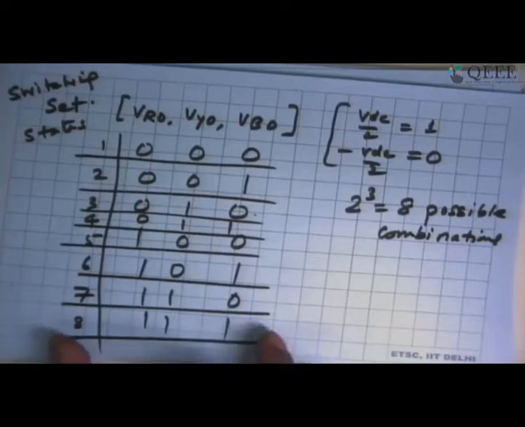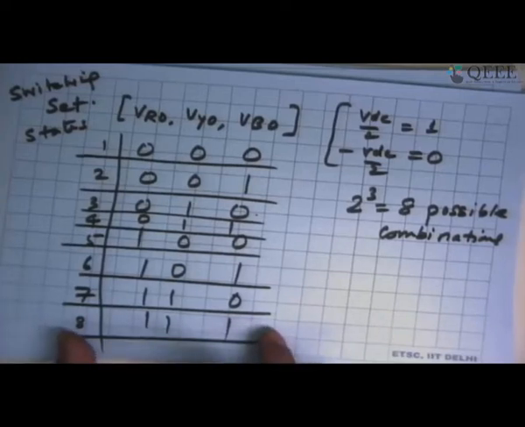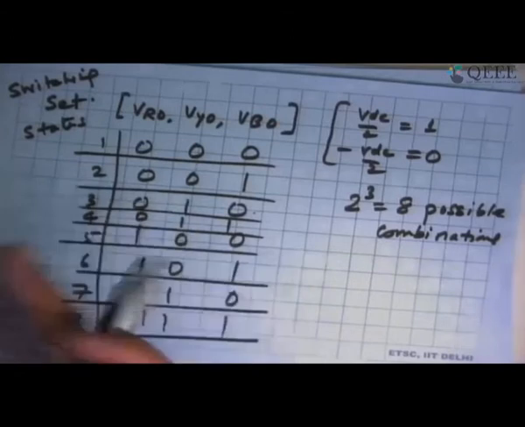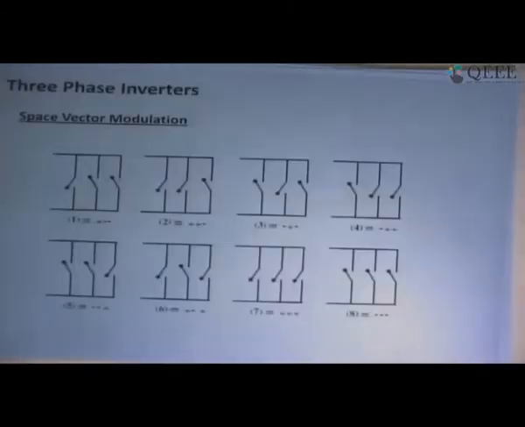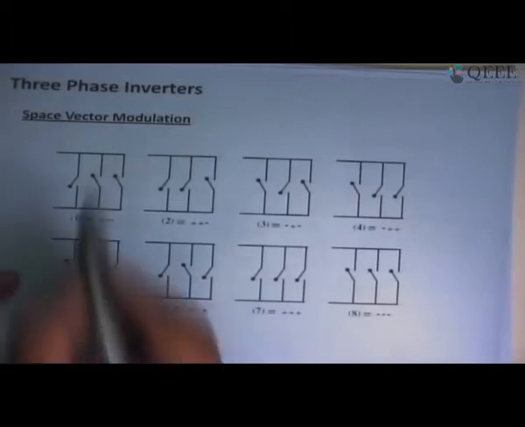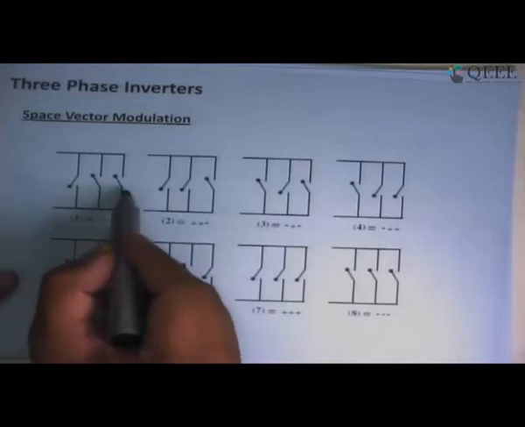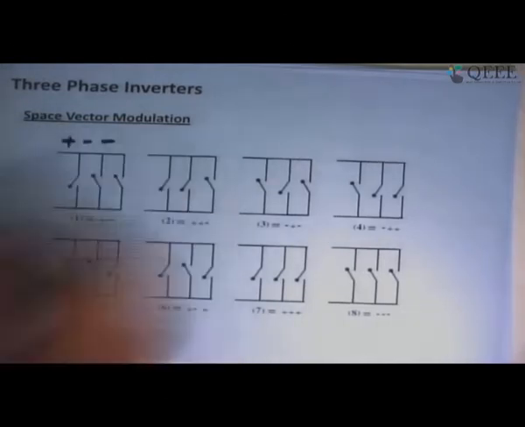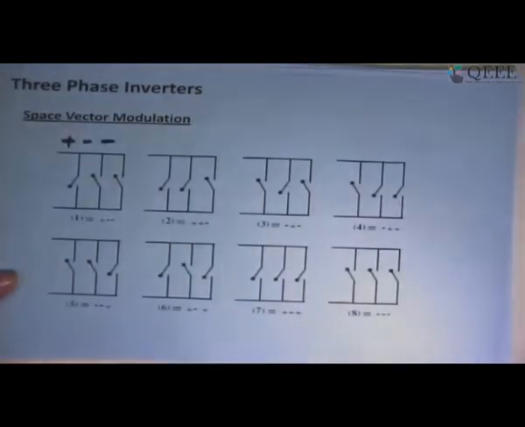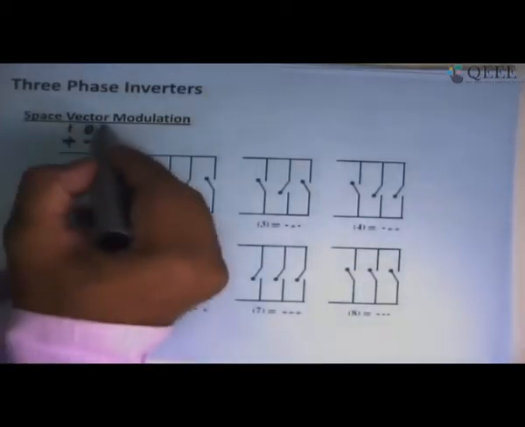Let us try to understand from a space point of view what the states mean. Here, the top switch is connected, the bottom switch is connected, the bottom switch. So this is plus minus minus, meaning 1 0 0.